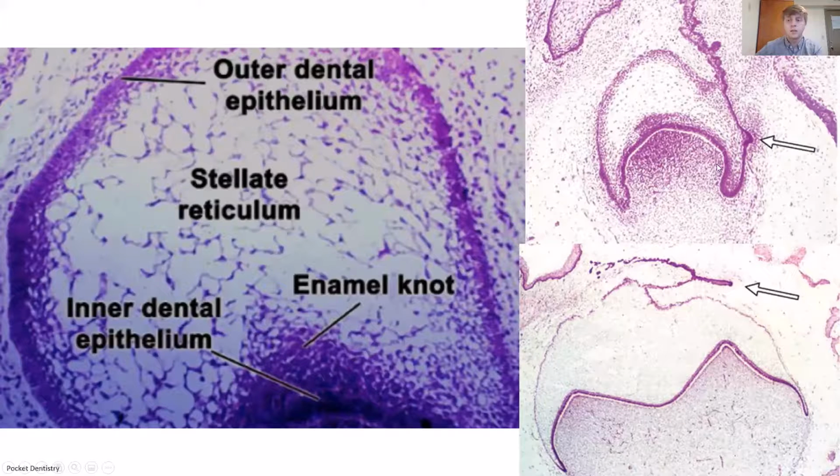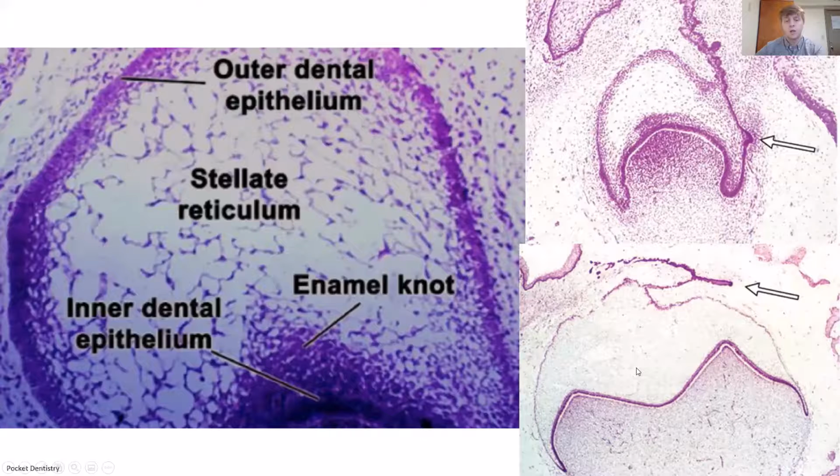Also of note, successional dental lamina will arise at the cap stage of the tooth. This will form the permanent successor to the deciduous tooth through this same odontogenesis process with the same stages. So it branches off from its deciduous precursor.